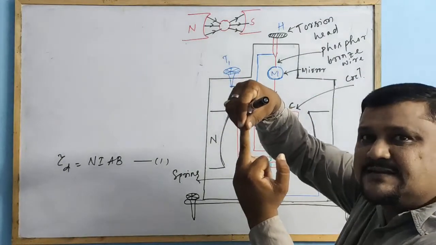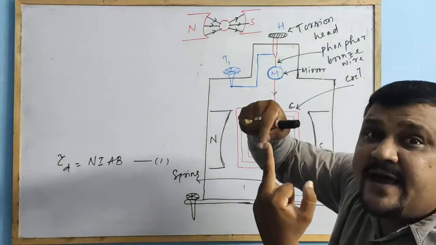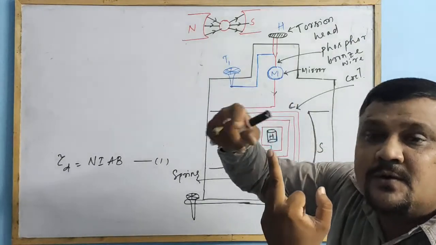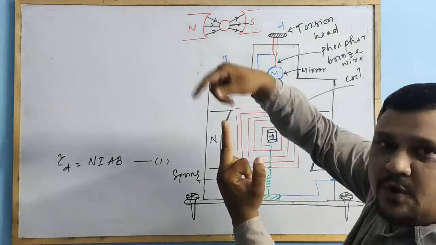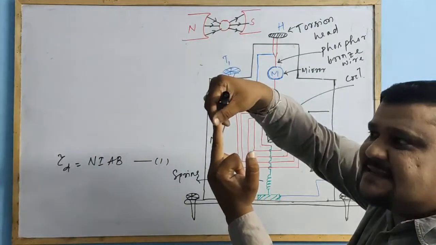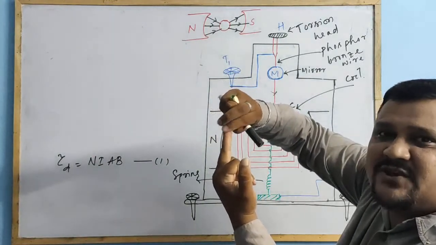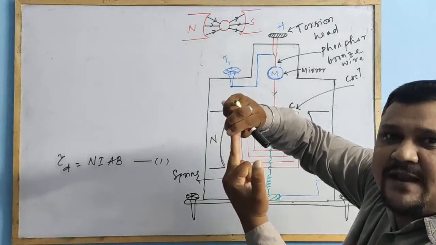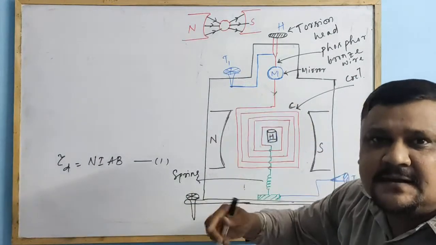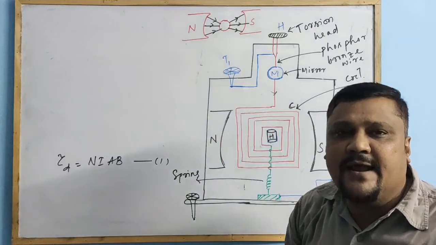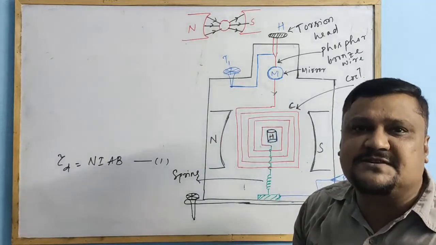When the spring twists, there will be a restoring torque in the spring. If the coil twists the spring in this direction, the restoring torque will be opposite. So the restoring torque acts on the coil, which tries to keep the coil in the rest position.